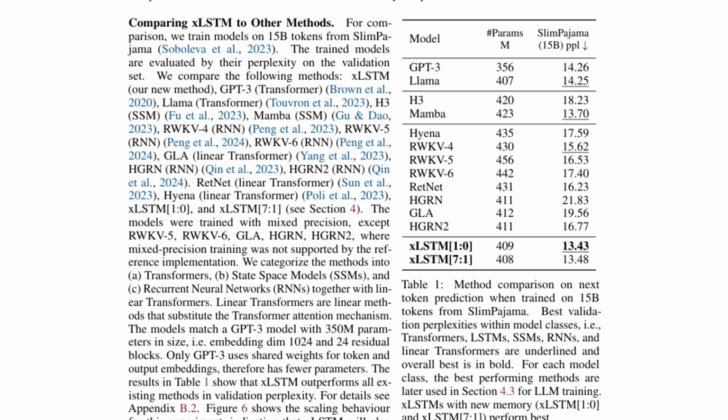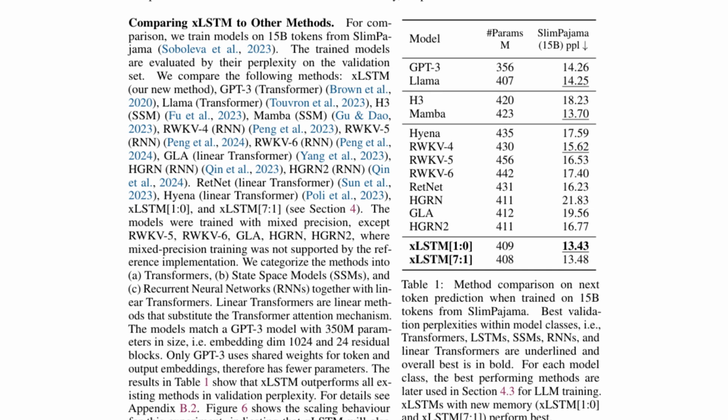Comparing xLSTM to other methods. For comparison, we train models on 15 billion tokens from SlimPajama. The trained models are evaluated by their perplexity on the validation set. We compare the following models: xLSTM, GPT-3 Transformer, Llama, H3 SSM, Mamba, RWKV4, RWKV5, RWKV6, GLA, HGRN, HGRN2, and Linear Transformer.